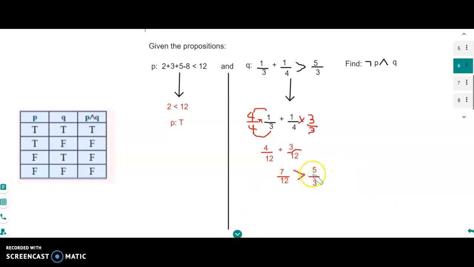So how can we find out if this is greater than this? Okay, how can we find out? We have to multiply this to get the same denominator. So we have this multiplied by 4 over 4, okay, to get a 12 in the denominator.